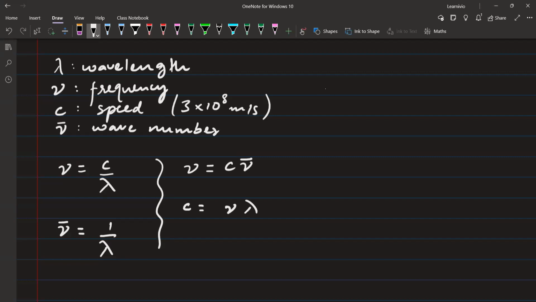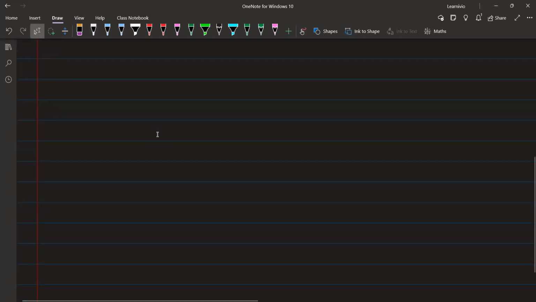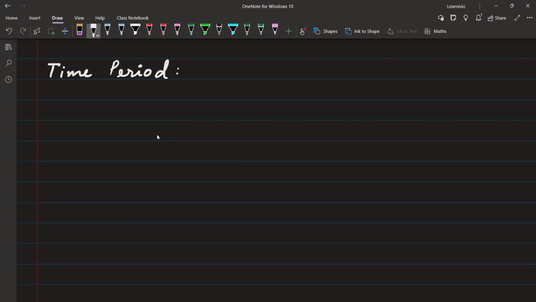Now, there is one important term that we are going to understand first, that is time period. Time period is represented as capital T. The definition of time period is the same as whatever you have learned in previous classes.